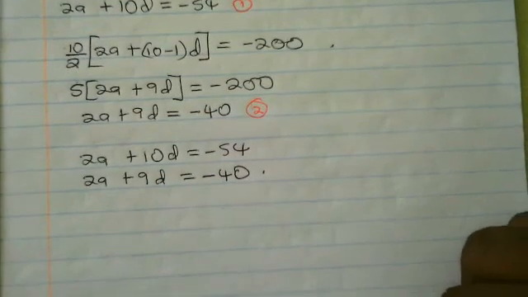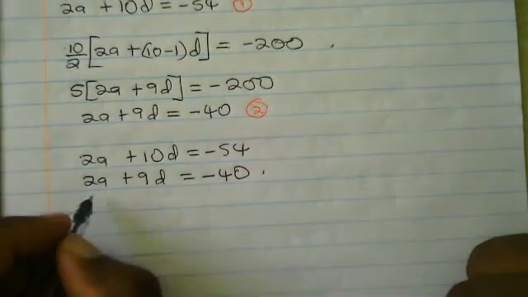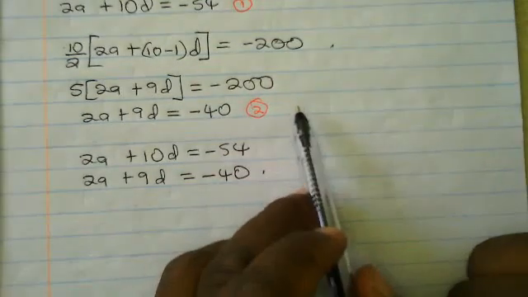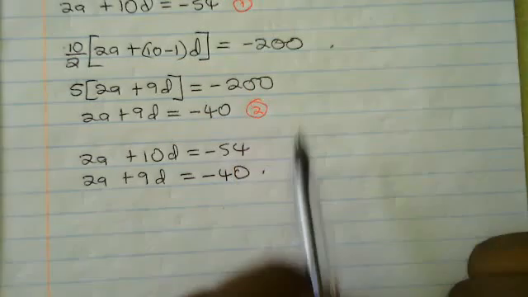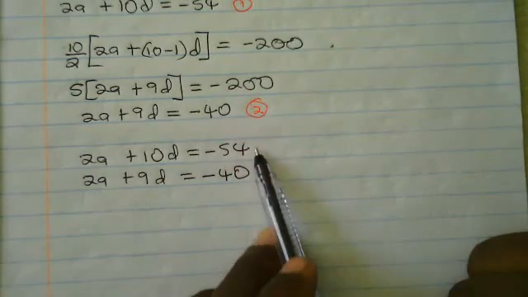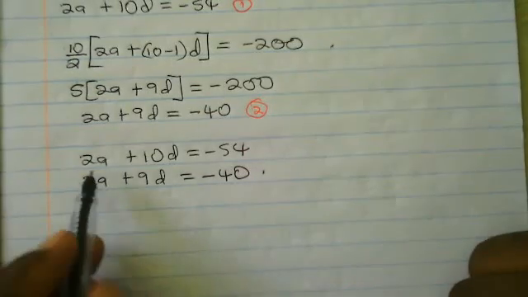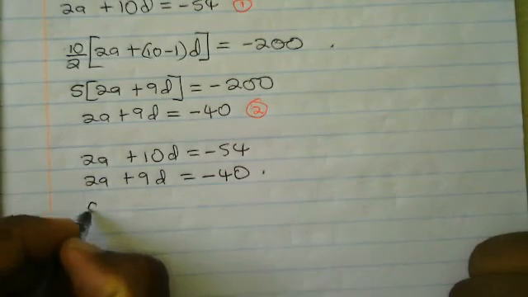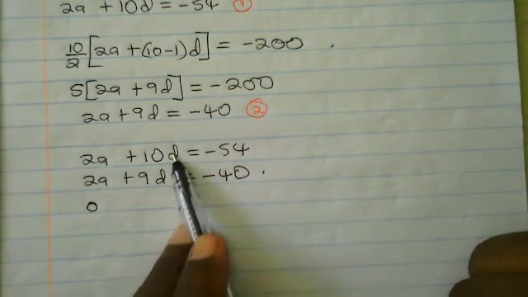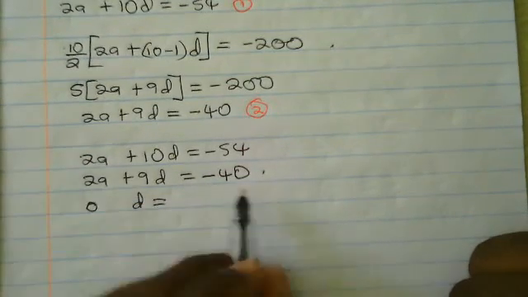Now we need to solve the two equations for a and d. We can just start by saying equation number 2 minus equation number 1. Or it's equation number 1 minus equation number 2. What do we have there? 2a minus 2a, we get a 0 there. 10d minus 9d, we get d.